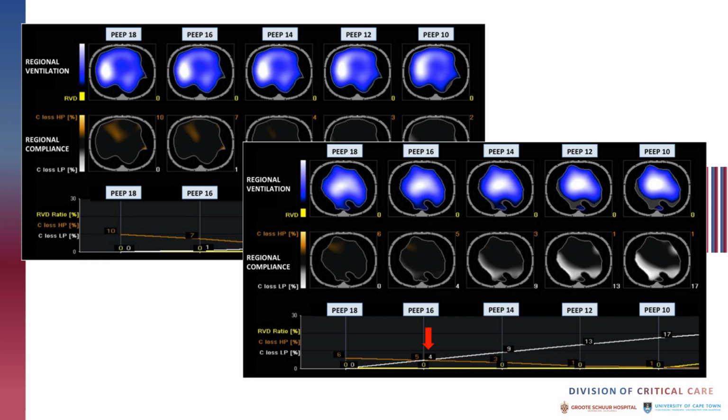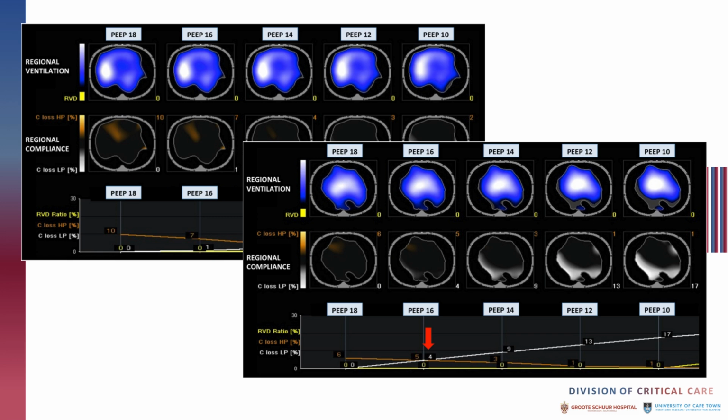And I think this is really what EIT tries to achieve, looking across the entire lung, which is, I suppose, not always the case because we sometimes have regional differences in ventilation and distribution of gas flow, but it's trying to find the sweet spot between preventing collapse and not causing over distension.